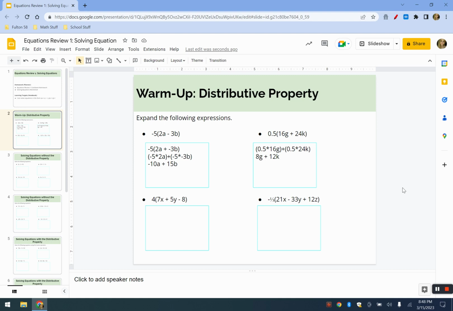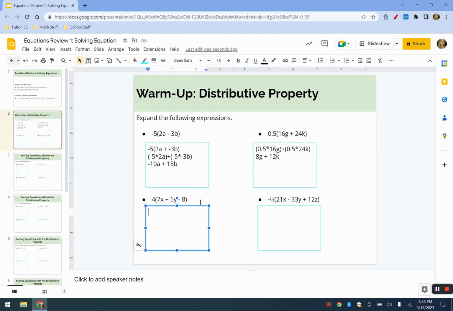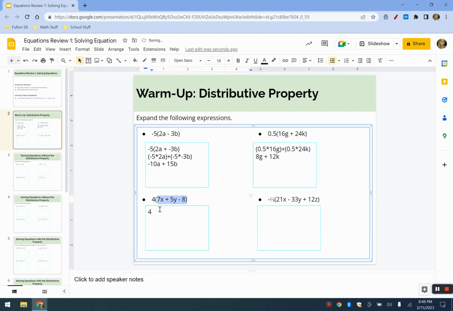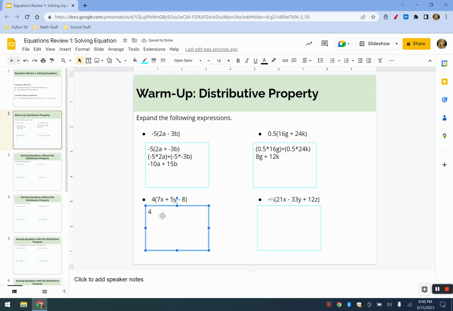Now we move on to slightly harder problems. In the third one, we do have subtraction right here that I'm going to rewrite as adding a negative. To make my life easier, I'm going to copy and paste it. And then instead of subtracting 8, it's going to be adding a negative 8.